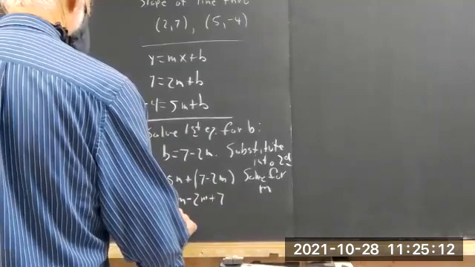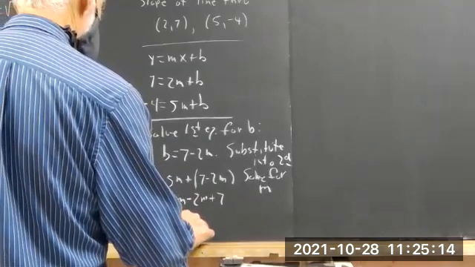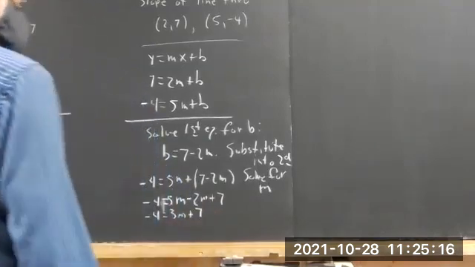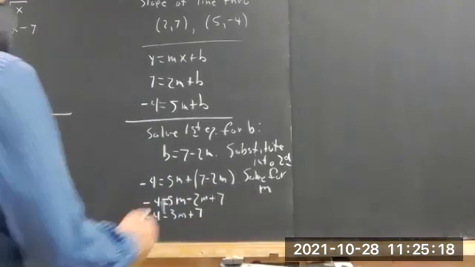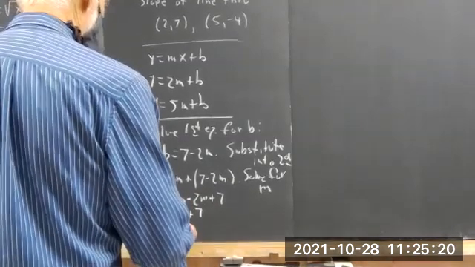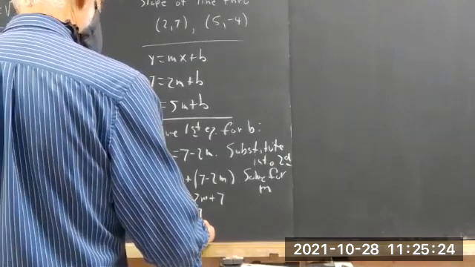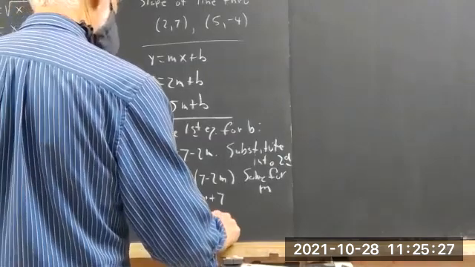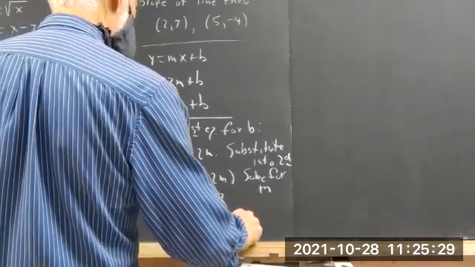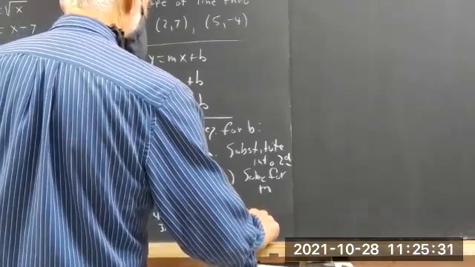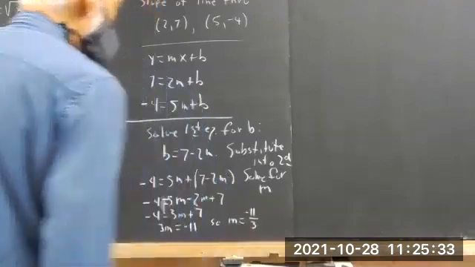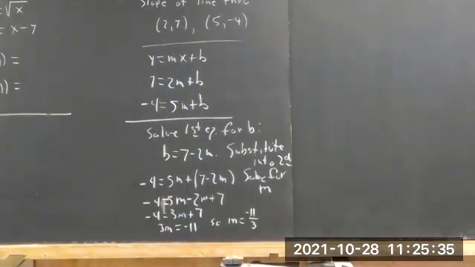So -4 equals 3m plus 7. Subtract 7 from both sides, and you get 3m equals -11. So m equals -11 over 3.